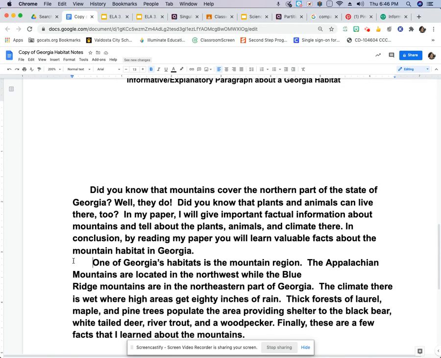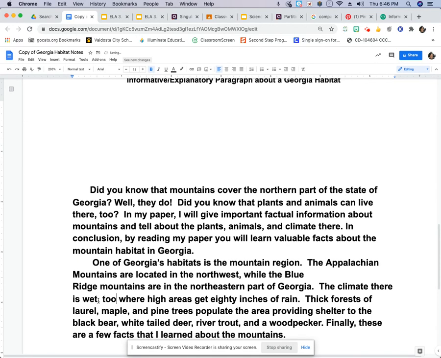One of Georgia's habitats is the mountain region. The Appalachian Mountains are located in the northwest, while the Blue Ridge Mountains are in the northeastern part of Georgia. The climate there is wet too, where high areas get 80 inches of rain.